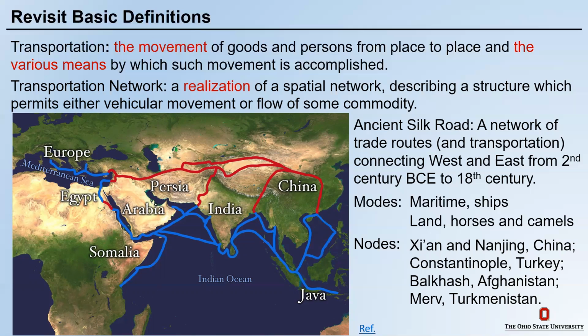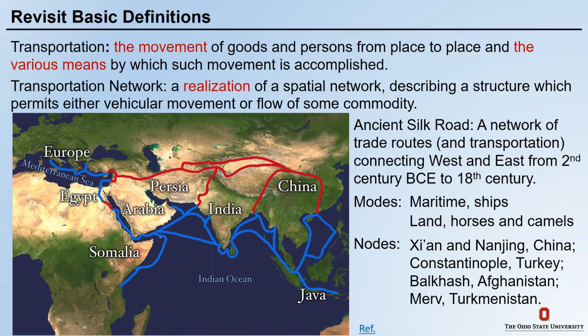It was conquered by multiple religions in ancient times. It was also an important hub connecting Europe and Asia with a unique exotic culture. Some other big cities existing maybe today on the ancient Silk Road include Balkhash in Afghanistan and Merv in Turkmenistan.